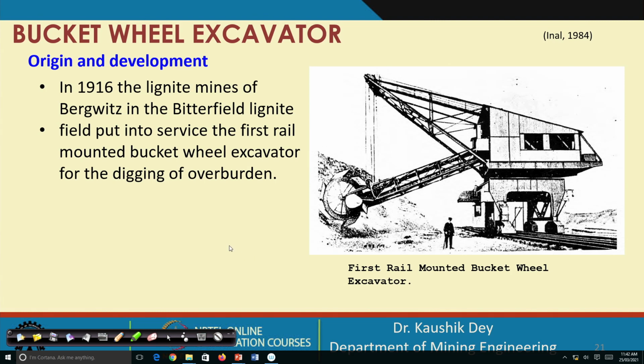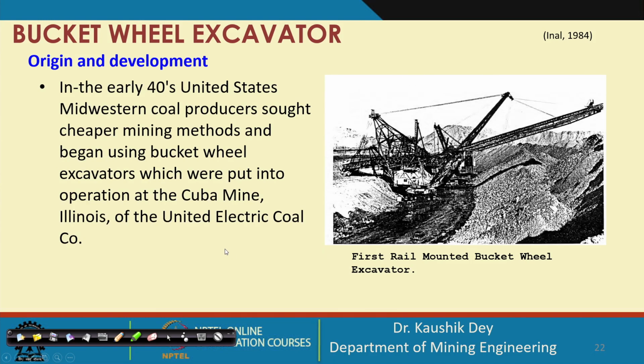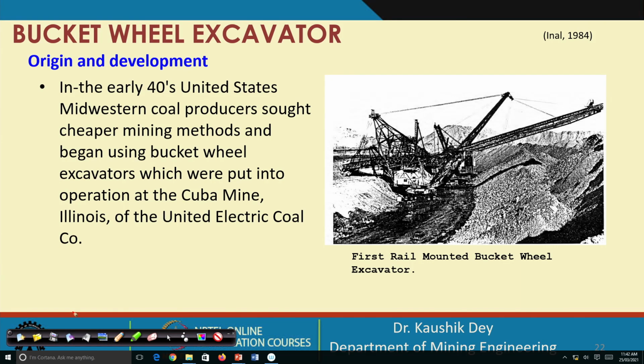And you can see this is the first rail mounted wheel excavator introduced, when the excavator was allowed to move on the rail. In the 1940s in the US, coal producers went for bucket wheel excavators and one was operated in Illinois.